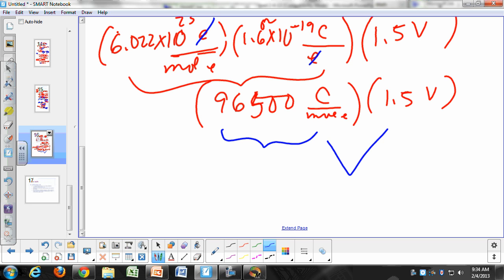So multiplied by 1.5 volts, that gives you how much? So 1.44 times 10 to the 5th joules per mole of electrons. 144 kilojoules per mole of electrons.